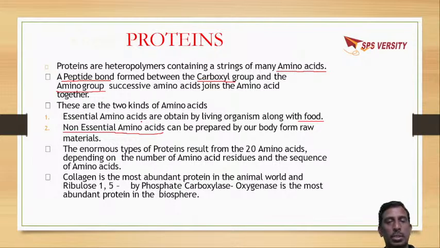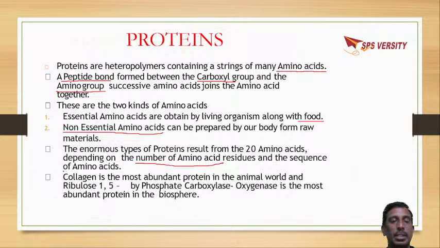So the enormous number of different types of proteins in the cell are made up of 20 amino acids. Okay. The protein structure depends on the number of amino acids and the sequence of amino acids.